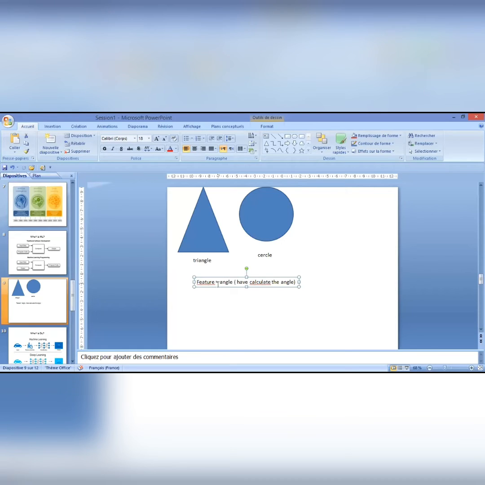Okay, so you will inform the machine that it has to calculate the angle, and then it will calculate the angle every time it sees a triangle and every time it sees a circle. And it will understand step by step that whenever it is between 0 and 30, 60 or 180, it is about a triangle. When there is no angle, it is about a circle. Okay, so it will understand by itself.